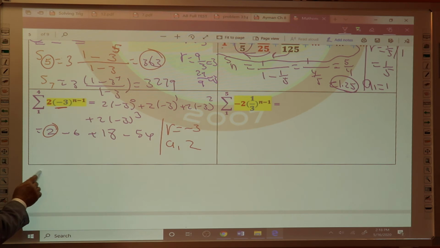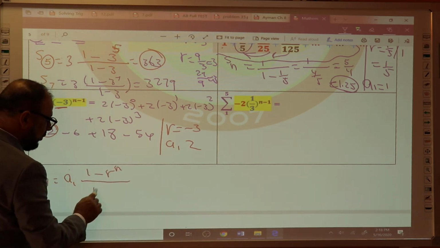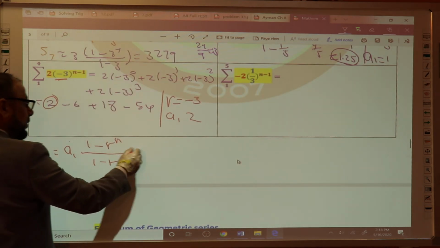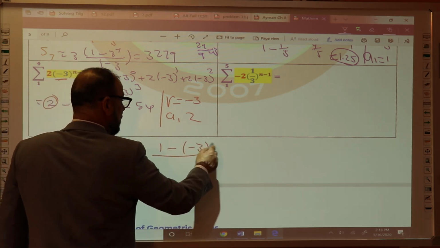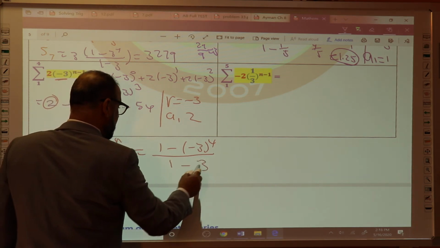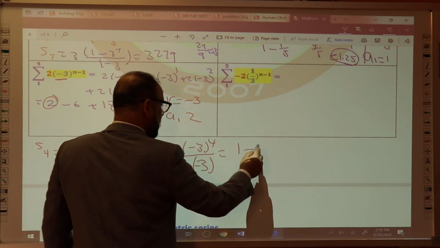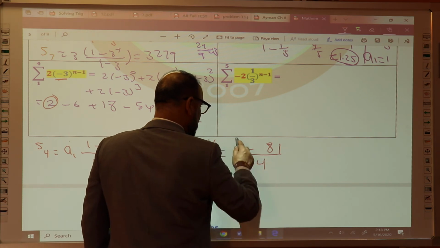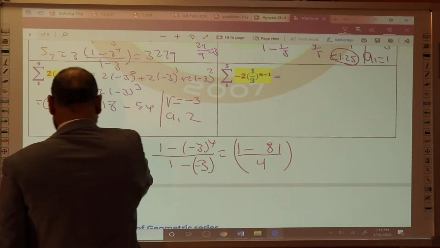And then the sum of only the 4 terms is A1 times 1 minus R to the n over 1 minus R, which is 1 minus negative 3 to the 4, 1 minus negative 3, R is negative 3. 1 minus 81, negative 80 over 4, all times A1, and A1 is how much?